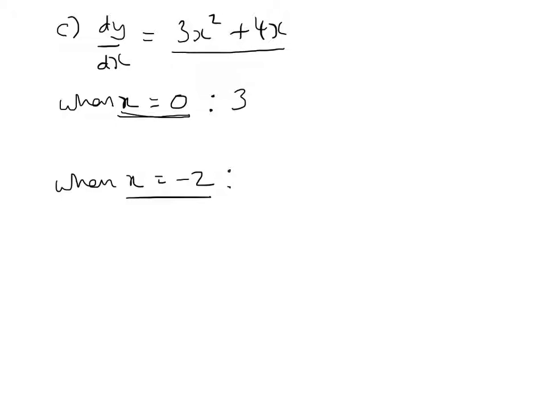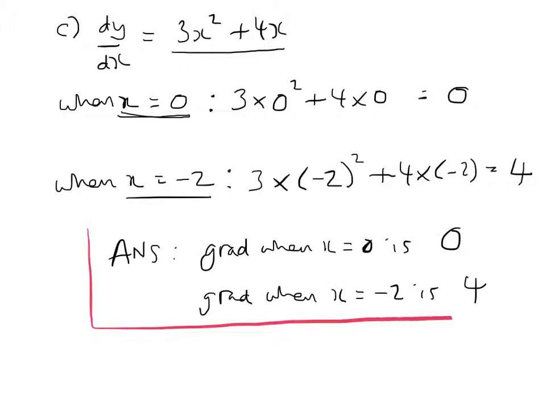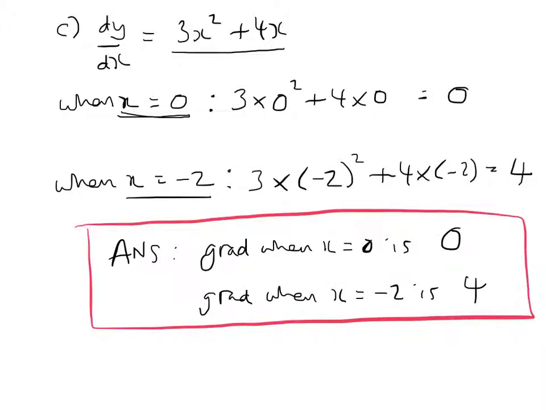So we're looking at 3 times 0 squared plus 4 times 0, which is equal to 0, and we're looking at 3 times minus 2 squared plus 4 times minus 2, which is equal to 12 minus 8, which is equal to 4. So the answer to this one is 0 and 4.